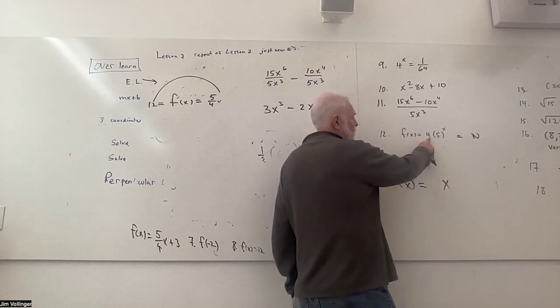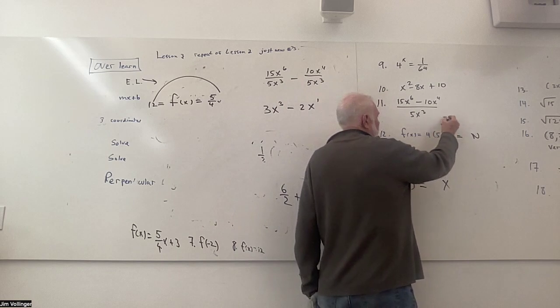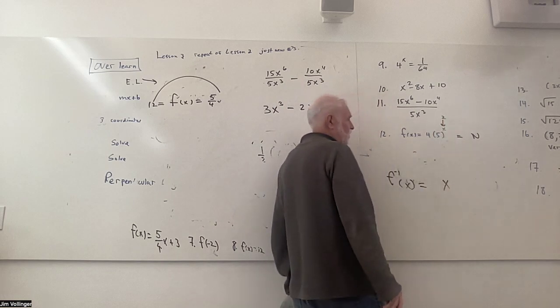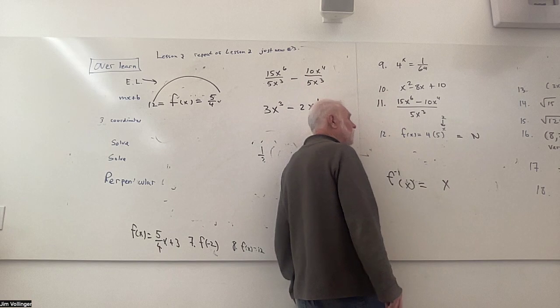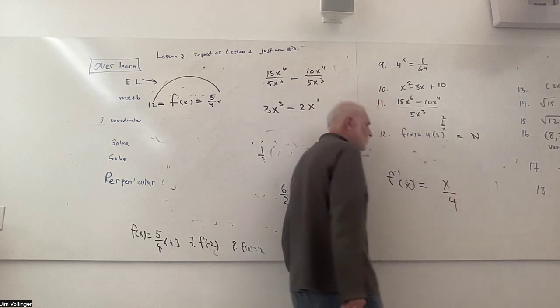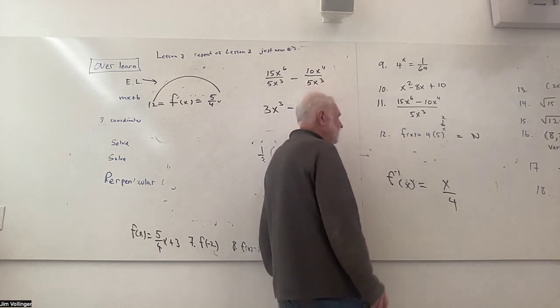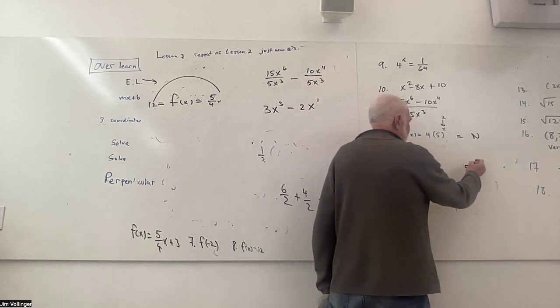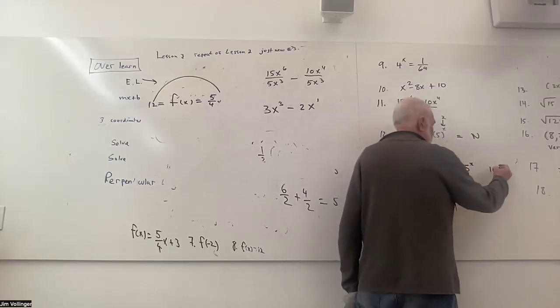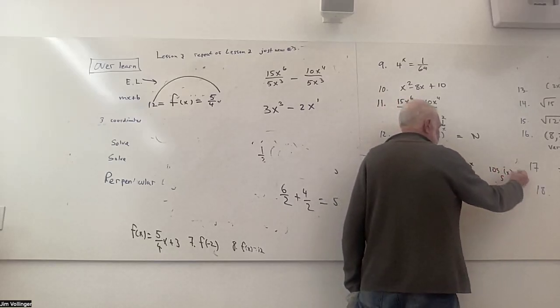What's the first thing you're going to do if you knew a number? Say that's a 2. 5 squared is 25, times 4. That's the last thing I did, was times 4. So the first thing in the inverse I'm going to do is divide by 4. And what's the inverse of 5 to the x? It's actually log base 5 of x.